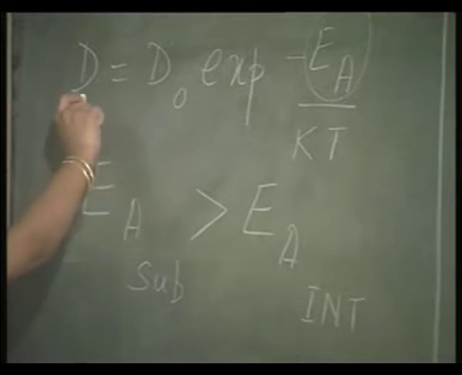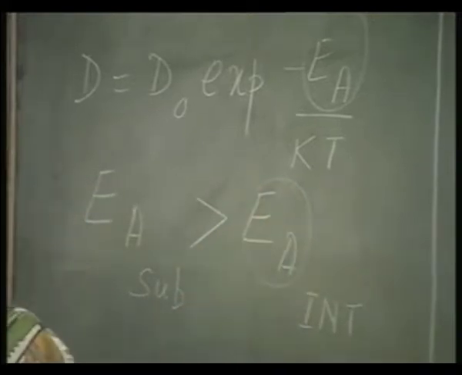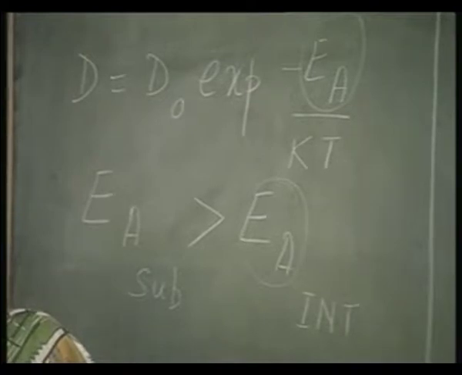What does that signify? It simply signifies that the movement through interstitial spaces is a much faster process. The diffusion coefficient is going to be much greater in this particular case for the interstitial movement, is not it?